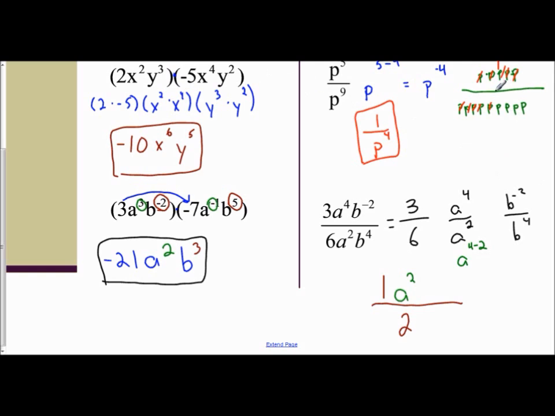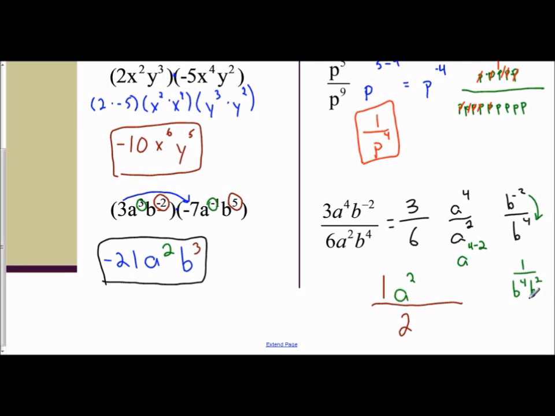And remember in the previous example here, we saw negative exponent means it's on the opposite side with a positive. So really what this means is that my b to the negative second is really on the bottom with a positive exponent. And so I move this down to the bottom and make it positive.